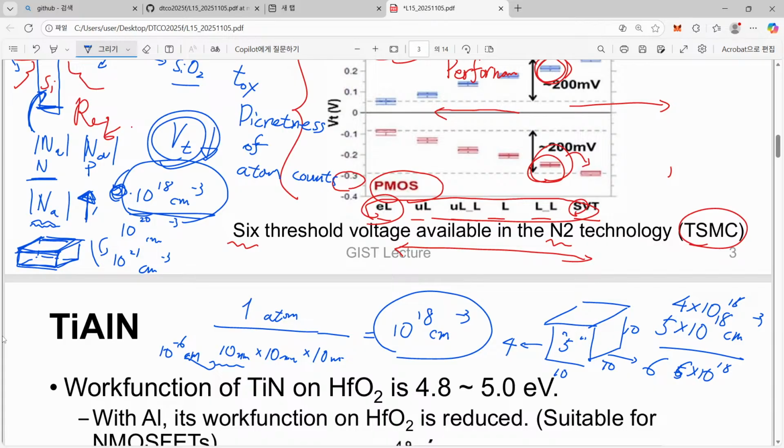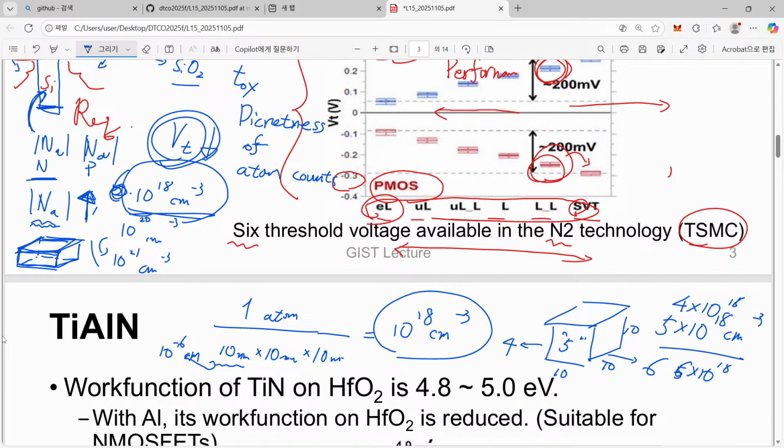Simply speaking, as a foundry guy, we must guarantee that if you have this device, its threshold voltage is, for example, 0.2 volt. I guarantee. But if we follow this way, although we did our best, internally the doping density fluctuates, so some unfortunate devices show a higher threshold voltage, and some lucky ones show a much lower threshold voltage.